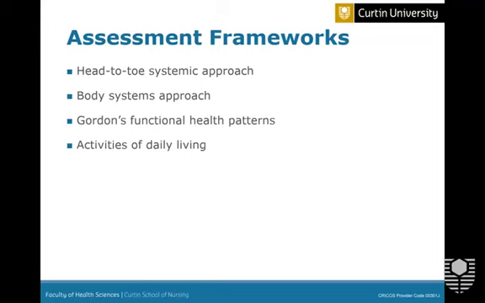This is a head-to-toe systemic approach. So you can imagine it's head and it's to your toes. So it's encompassing all of the body, but we're doing it sequentially from head to toe. It's also known as a cephalocaudal approach. Cephalo being head and caudal being bottom part.